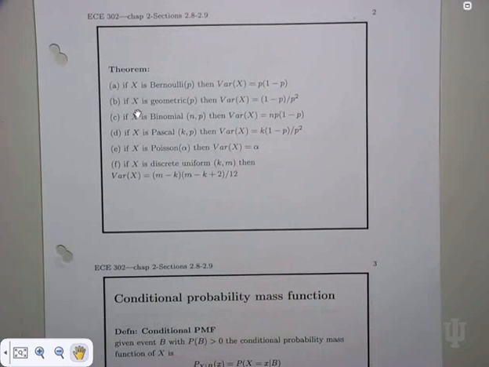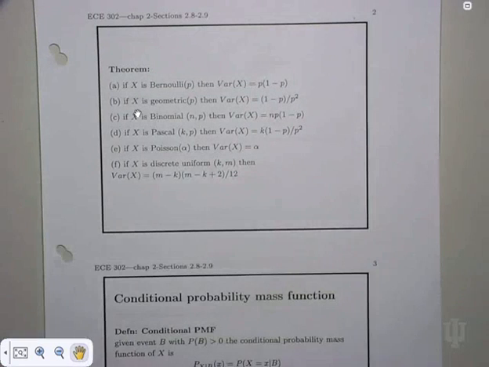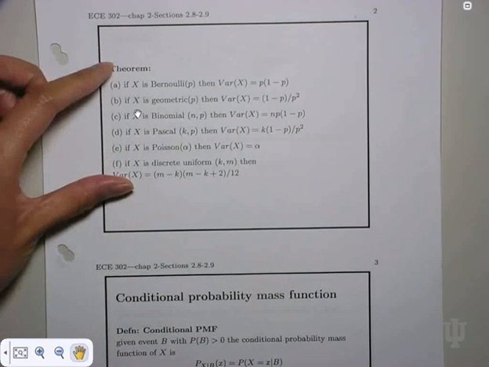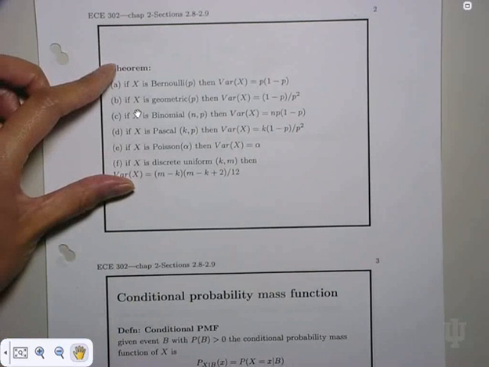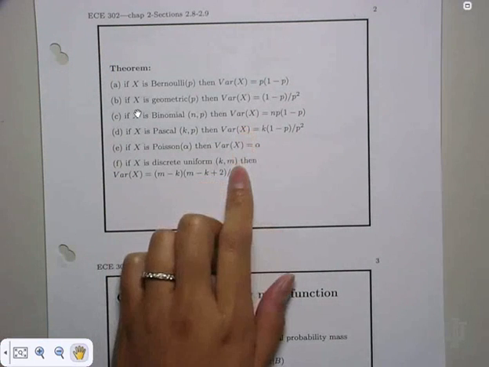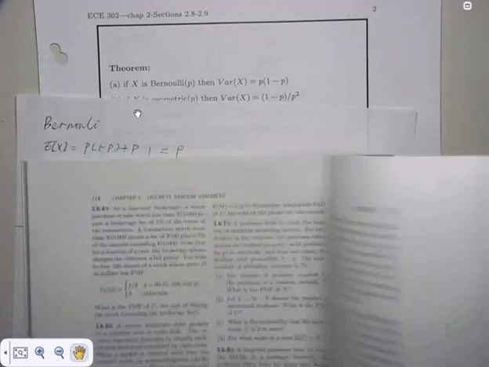We learned several probability models for discrete random variables. And you need to remember this, or if you cannot remember the variance, last time we learned all the expected values on page 400.